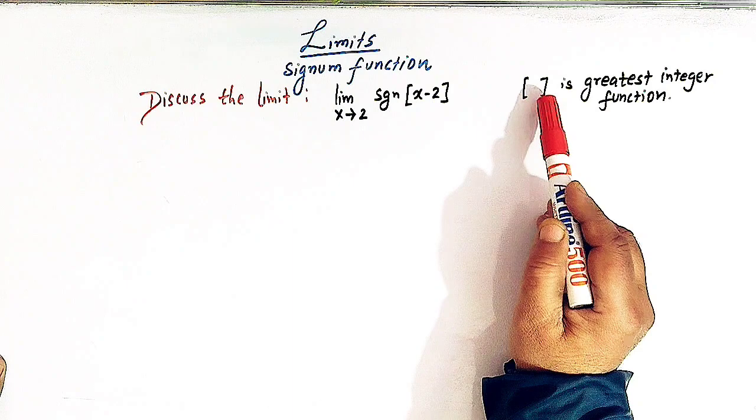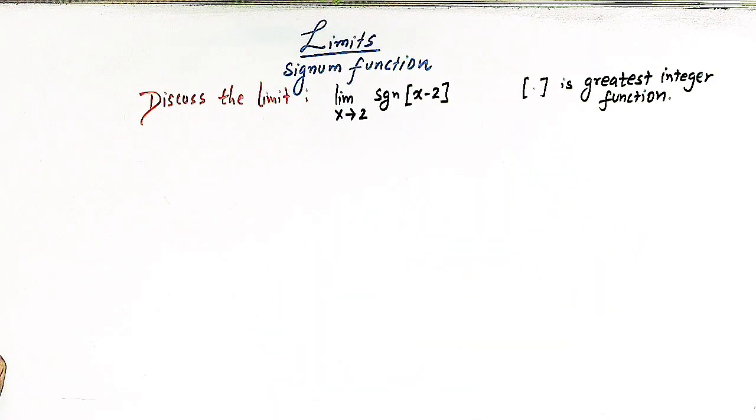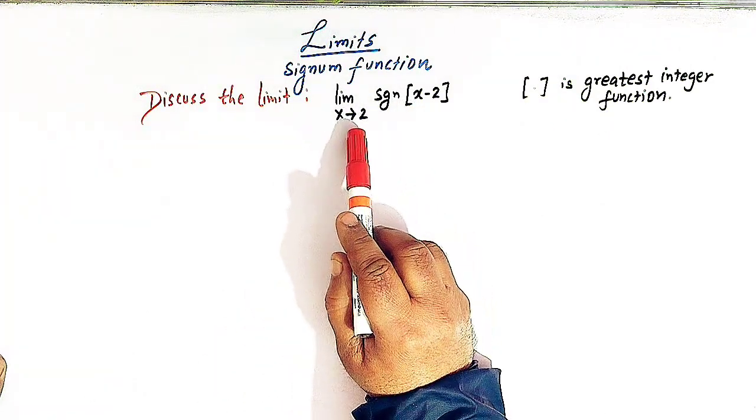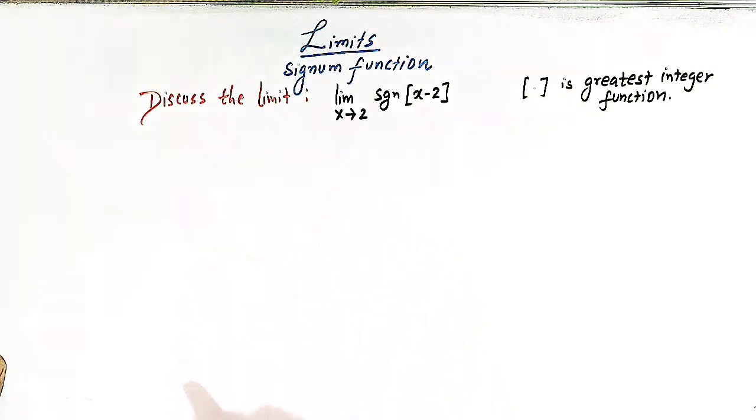So here the square brackets denote the greatest integer function. So here we have to see whether the limit of this function when x approaches 2 exists or not, right? So for this, what we will do, we'll find out the right hand limit and the left hand limit. So let us start.